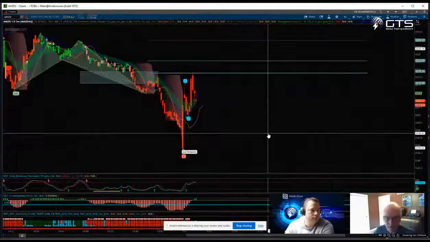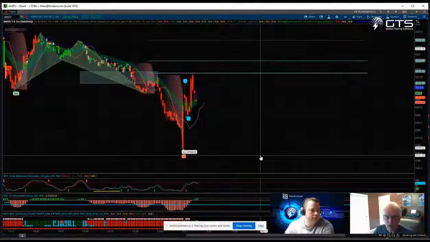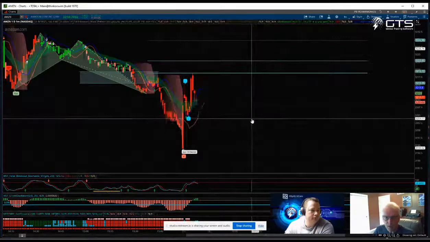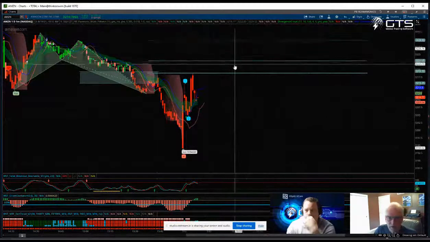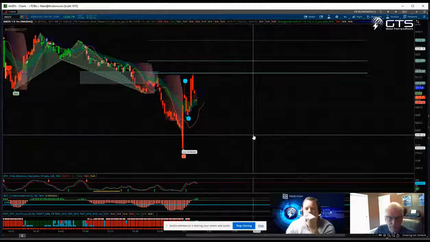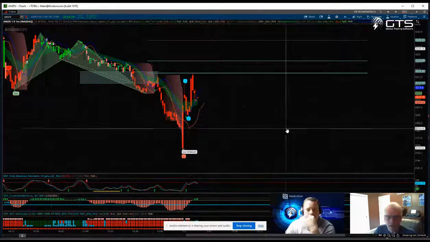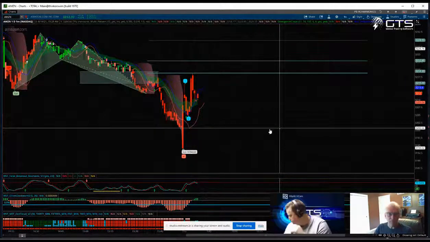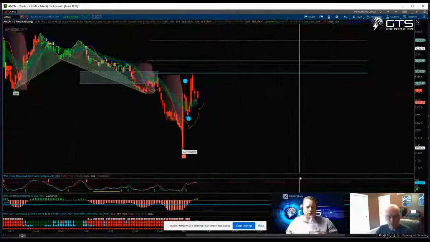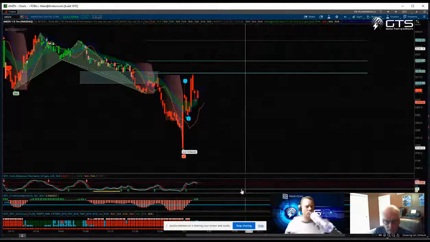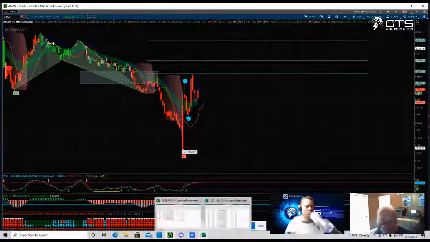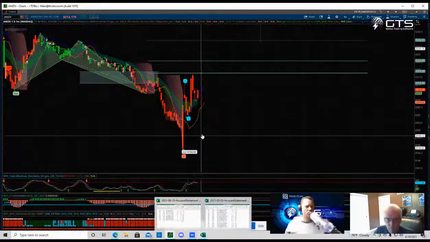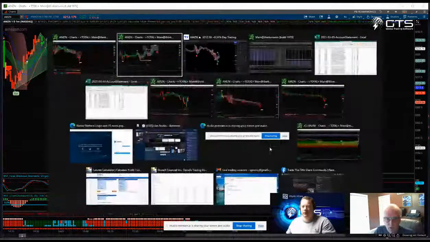Okay, so this is back to the 1 minute. So at this point, we're still holding. Some of these lines up here, I did not draw these in for those who have harmonics. They're the retracements for when the pattern completes over there. So anyway, at this point, nothing new at the 1 minute mark.